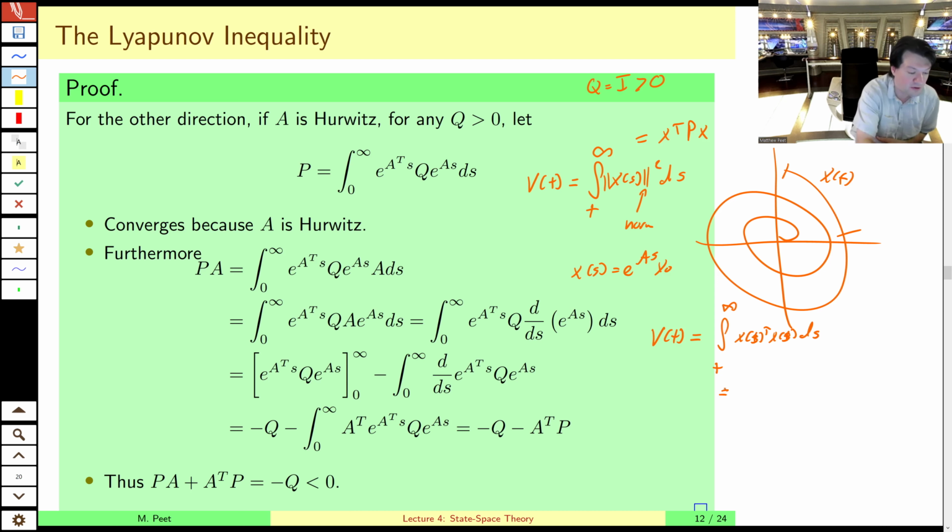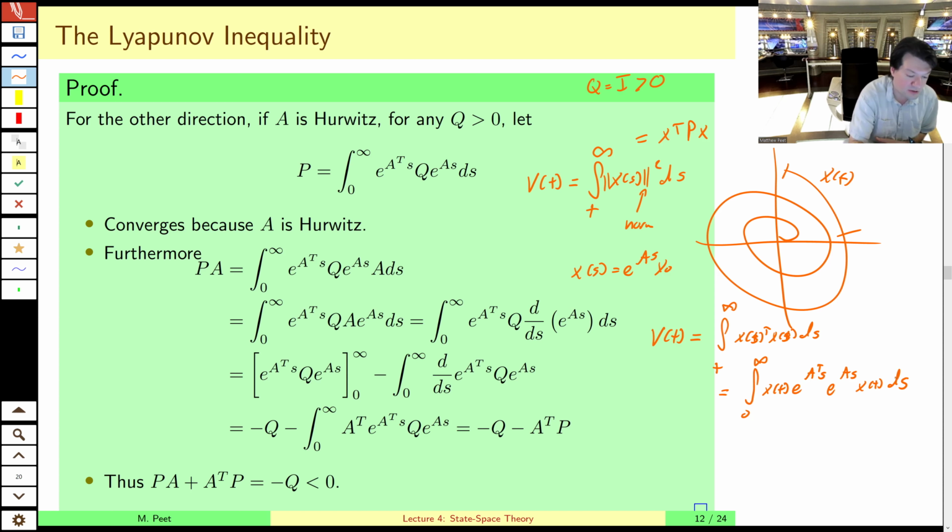And then just plug in our solution there, and we get the integral from 0 to infinity of x of t, e to the A transpose s, and here we use that transpose property that we had before, e to the A s, x of t ds.